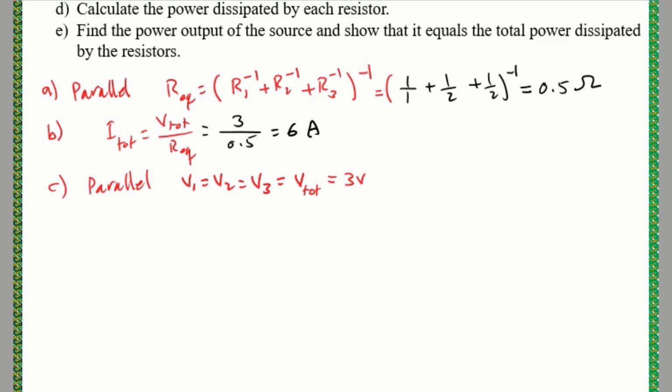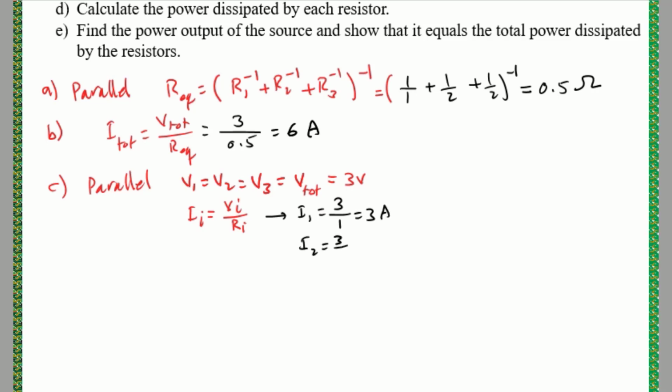And we know that the current in any resistor is the voltage for that resistor over the resistor. So I1 equals V, which is 3, over R1, which is 1, so it is 3 amperes.